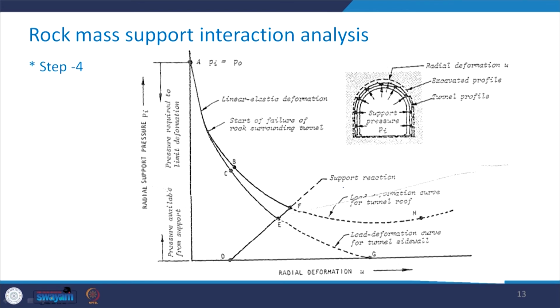Take a look here, this is increasing from this point D in the manner DEF. So this is what is going to be the support reaction curve up to this point. So you see how the GRC and SRC are plotted simultaneously.